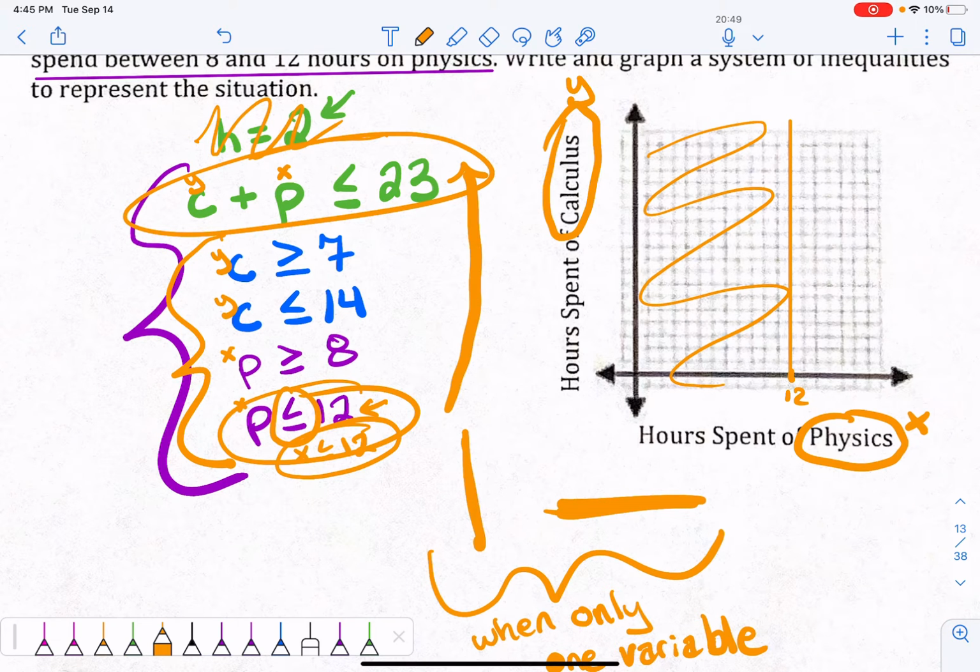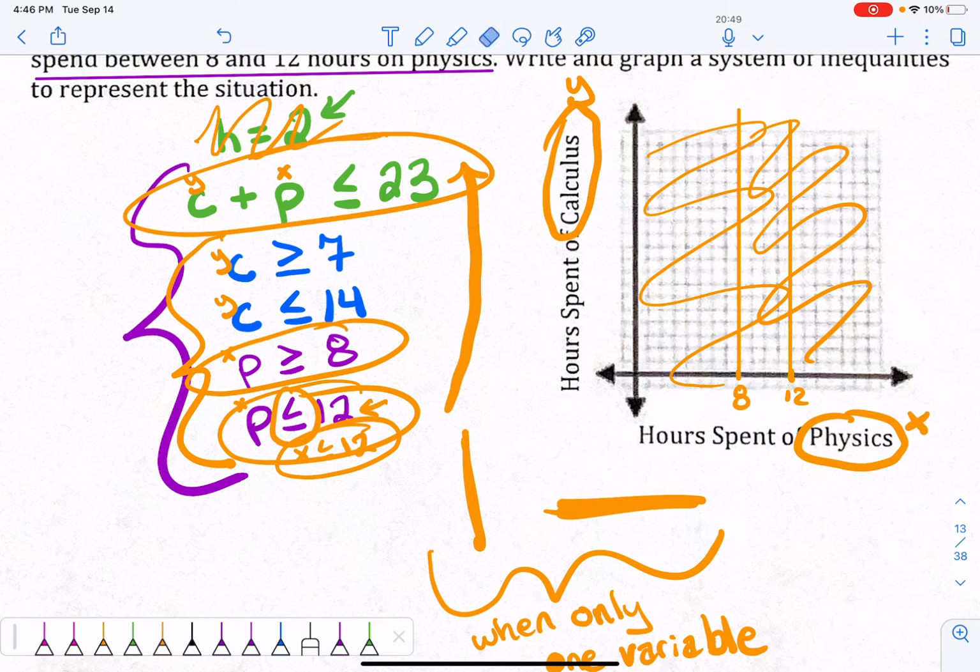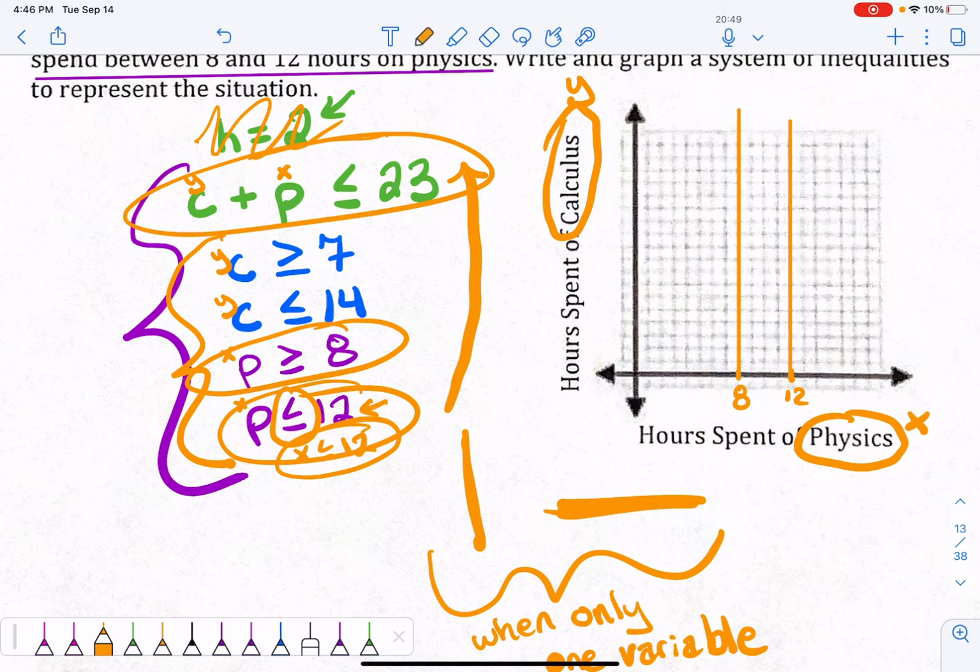Then the next one, P is greater than or equal to 8, so I go to 8, which is 4 below 12, about right there. I shade it, and we're shading above it because P is greater than 8. So the region that's double shaded at this point is just this region inside of here.